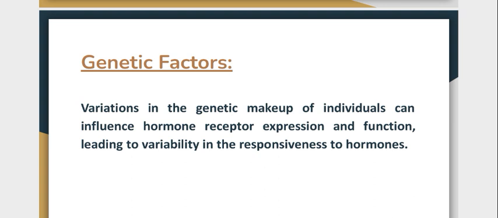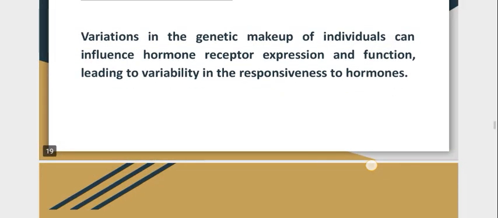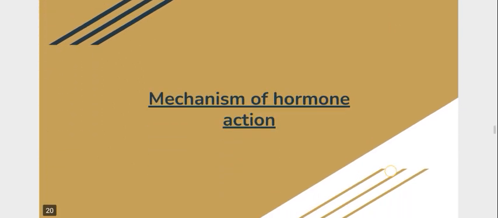So their influence will also be different, like hormone receptor expression and its function. All these things are different in different individuals. Individuals in the sense of different insects, both different species or individuals from the same species.